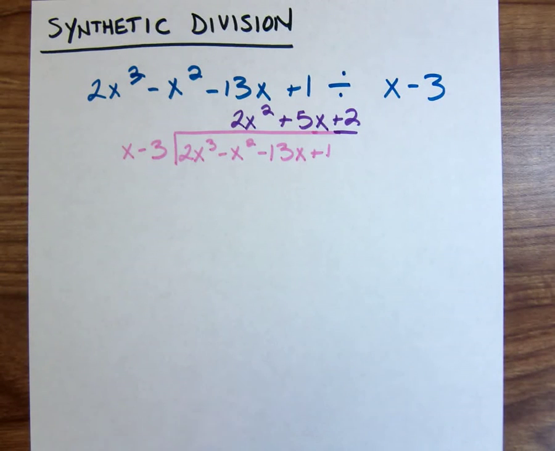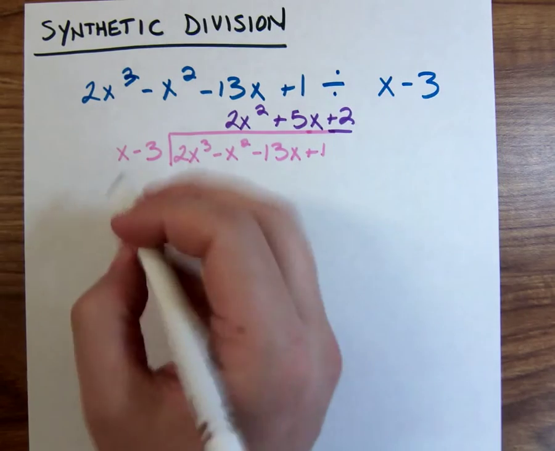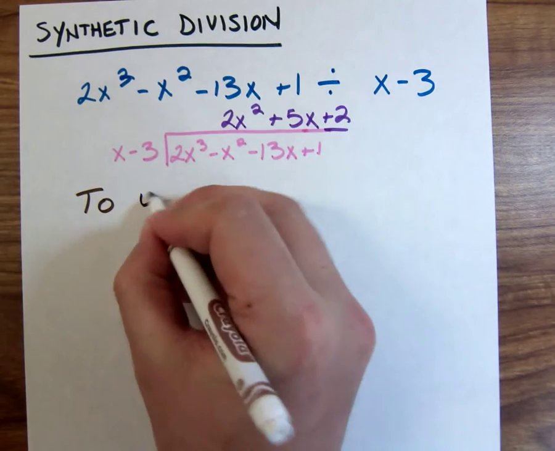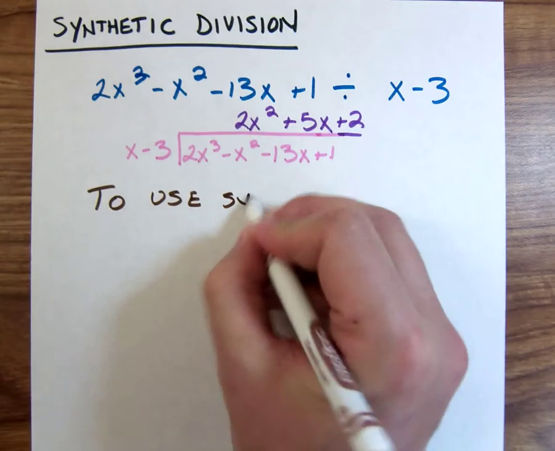So synthetic division is a different way of dividing polynomials that will get you the exact same answer. Here's how you do synthetic division. First of all, in order to use synthetic division, we have to meet one very important condition.